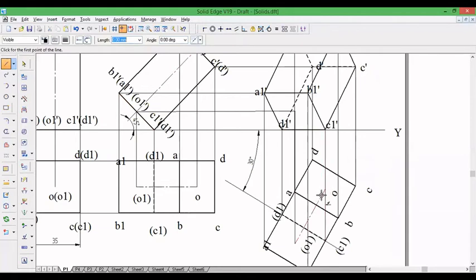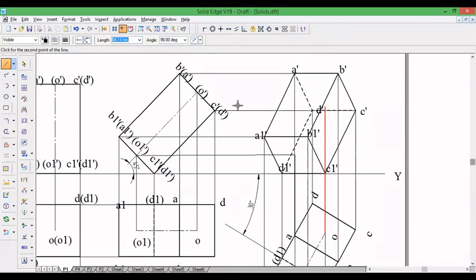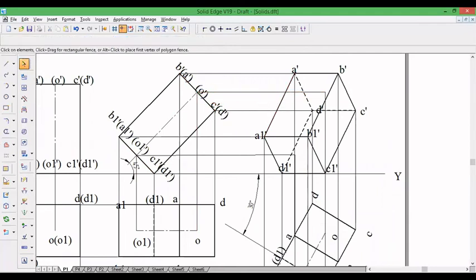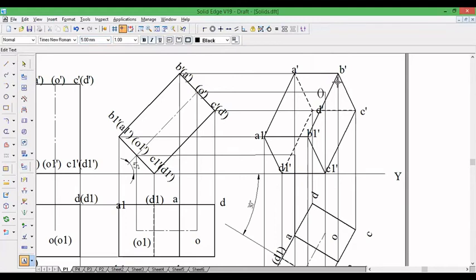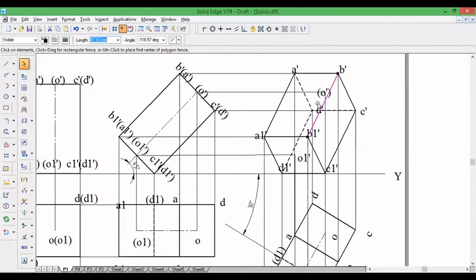Similar way, O1, so projection of O1 will come at this point. So O dash is going to be invisible, and O1 dash is going to be visible. And this corner D dash what we have, that corner is going to be invisible. So we need to mention the D dash in bracket.